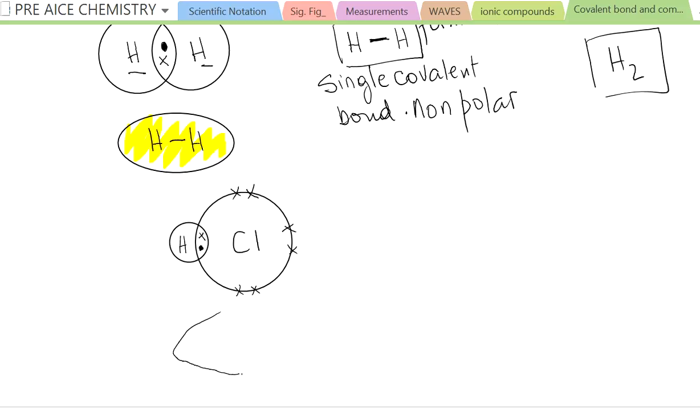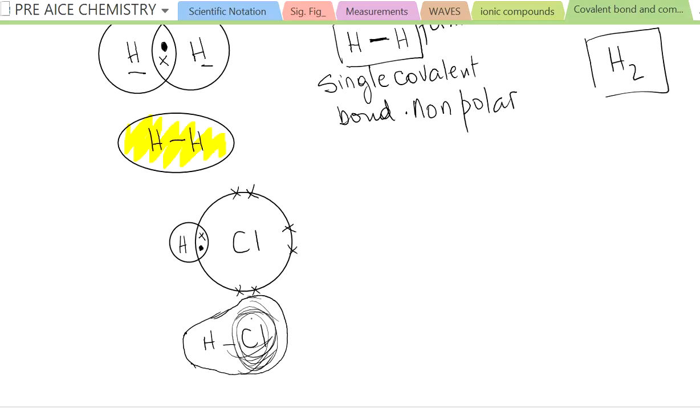We are going to have a small part for the hydrogen and a bigger part for the chlorine. Why? Because we said the chlorine is more electronegative. That means the chlorine is going to spend more time with the electrons around it than the hydrogen.